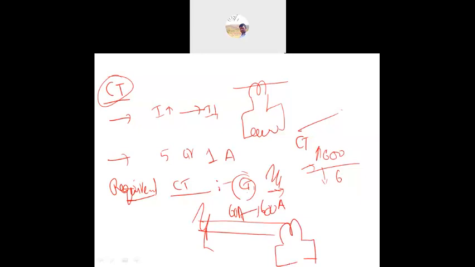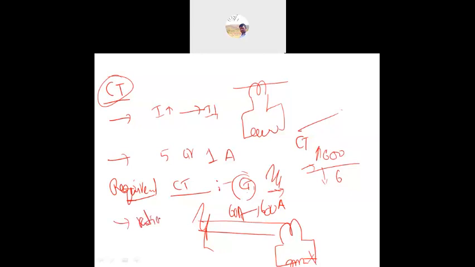Only then can the fault be detected. If we place a CT rated only for 60 amperes, it will damage the equipment, and the signal is not given to the relay coil. So it should withstand more than the rated ratings of the system, and the ratio should hold several times above the rated ratio.